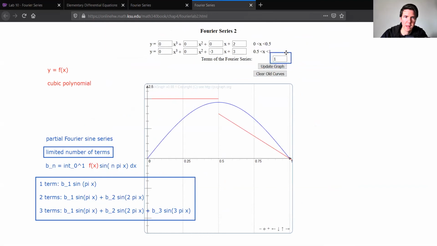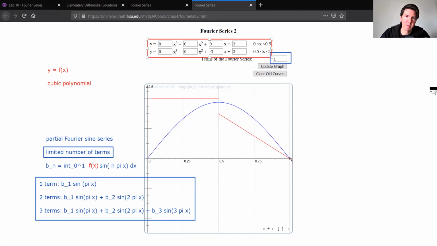You have the same thing. Notice, all this is going to be the same. Where your red is, actually, let me even highlight that. The red is given by these here. That's the red. The blue is given like so. So you're comparing the red actual function to the partial Fourier sine series.